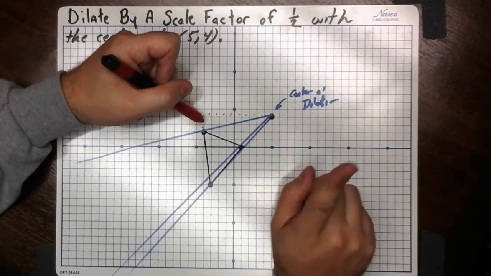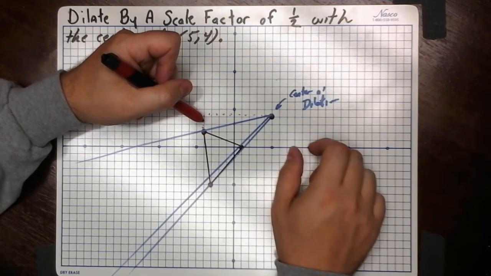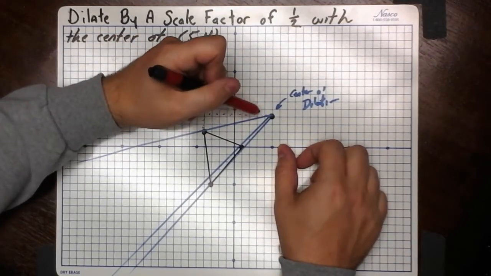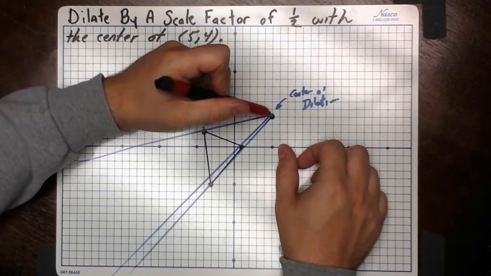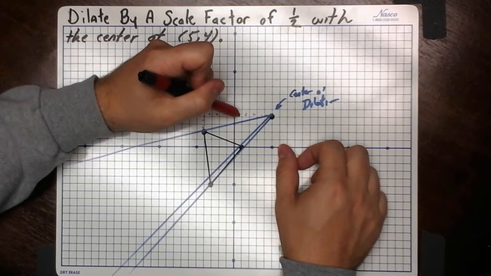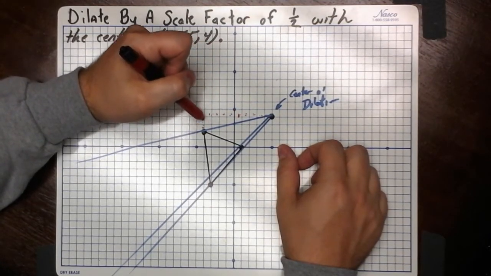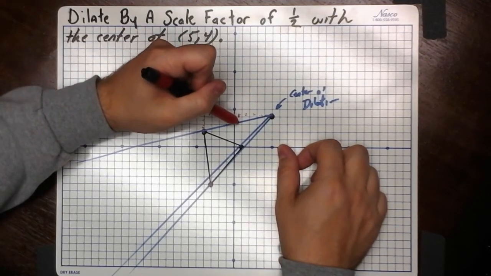And in this case, as much as I don't like decimals, we're going to have to stick with the decimal. So it's about 4.5. And here's where that guiding line comes in handy. 1, 2, 3, 4. 4.5 is about right here. Then I have to move down 2 to get to this point, so I only move down 1. So it's about there.